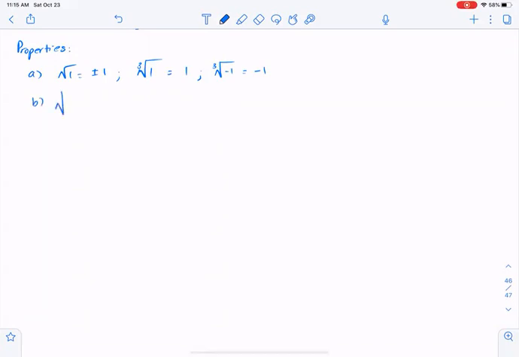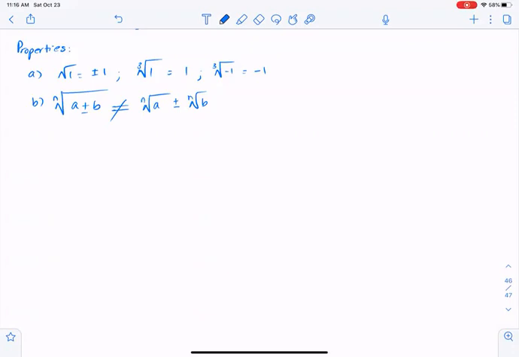If I have two numbers, A and B, and I can either add them together or subtract them, and if I have their nth root, I cannot write it as nth root of A plus nth root of B. This is a mistake I've seen students, senior students in college make.